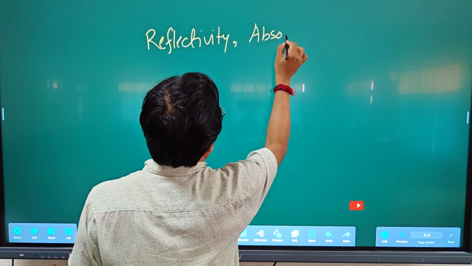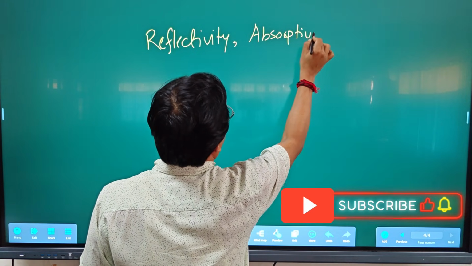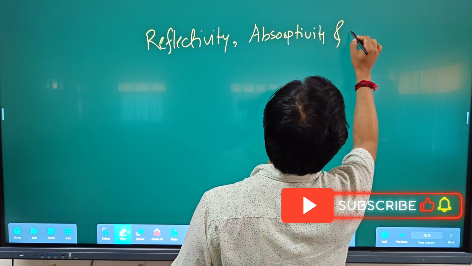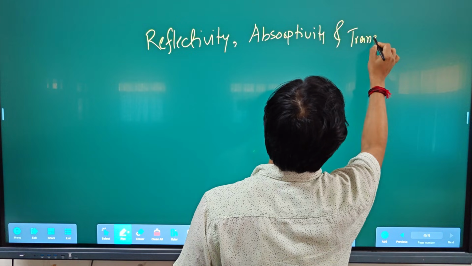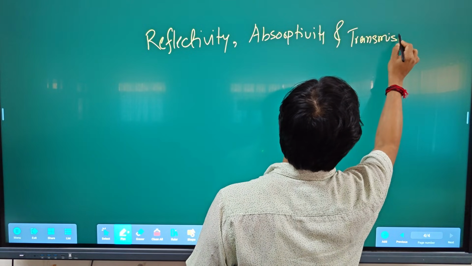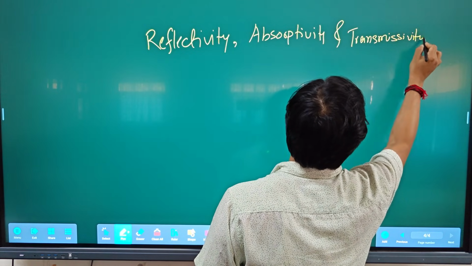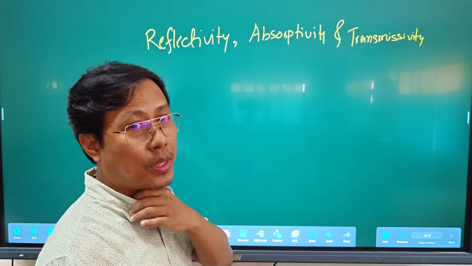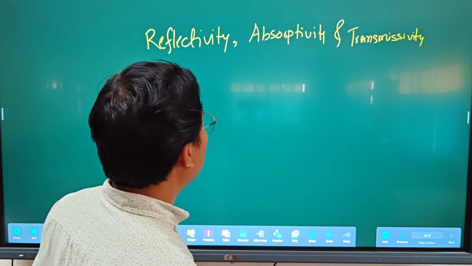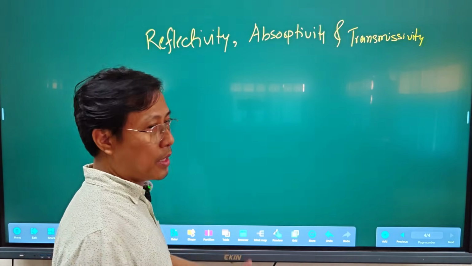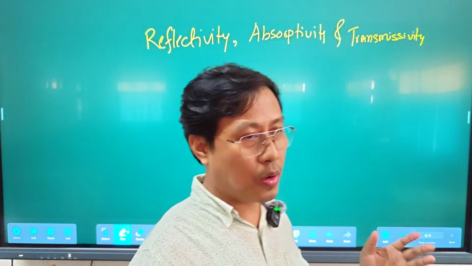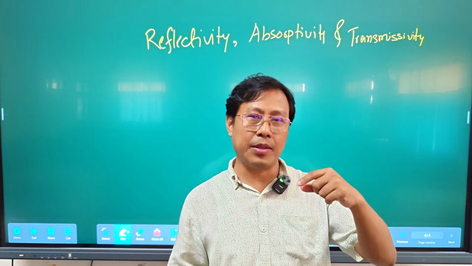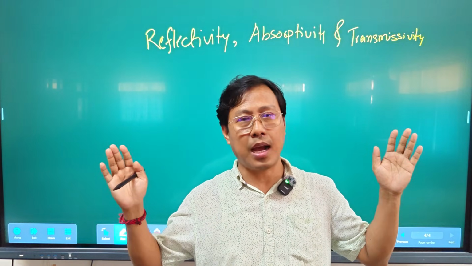These are the important properties in connection with radiation heat transfer. To understand these properties, we must draw a figure. By drawing the figure, we can understand how these properties are obtained.